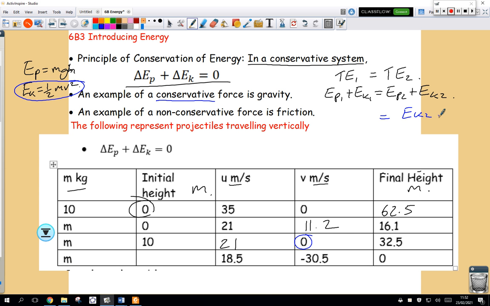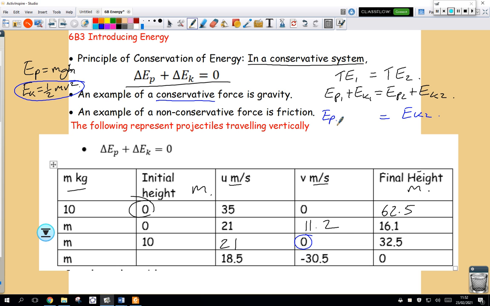At position 1, we have potential energy, mg times the height, which is what we're looking for, h, plus the kinetic energy, half times m times v squared, and we're given its initial velocity here is going to be 18.5. In fact, let me just write that out. Let me put that in the next line.